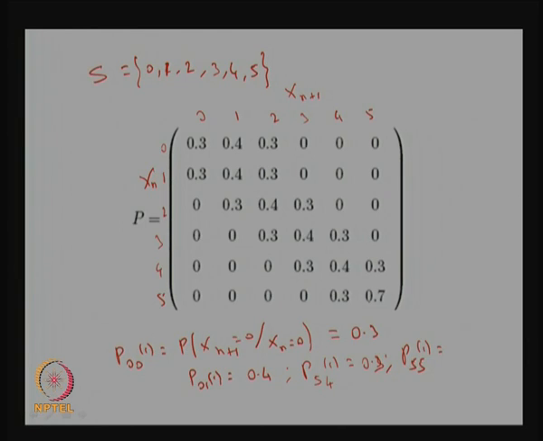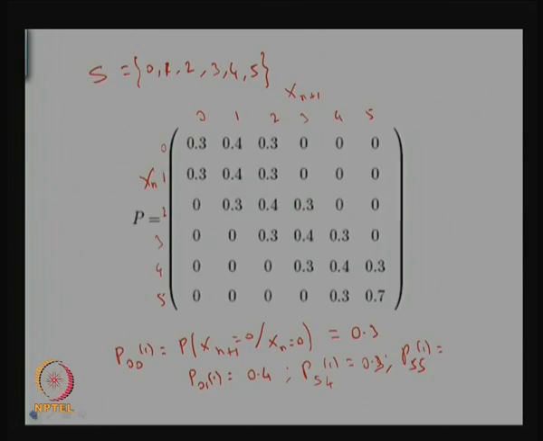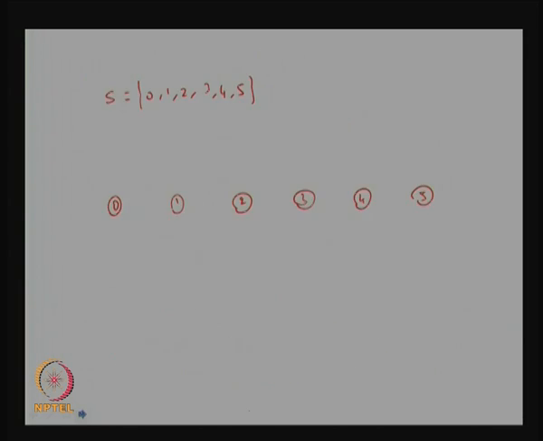Now, I can give the state transition diagram for this example, because S is going to be 0, 1, 2, 3, 4, 5. Therefore, the nodes are going to be 0, 1, 2, 3, 4 and 5, and the possible values I can make out from the one step transition probability matrix. So, 0 to 0 probability is 0.3, 0 to 1 is 0.4 and 0 to 2 is 0.3.